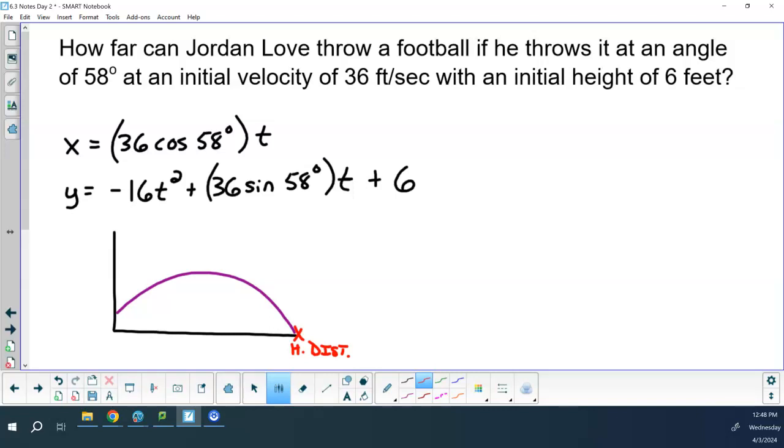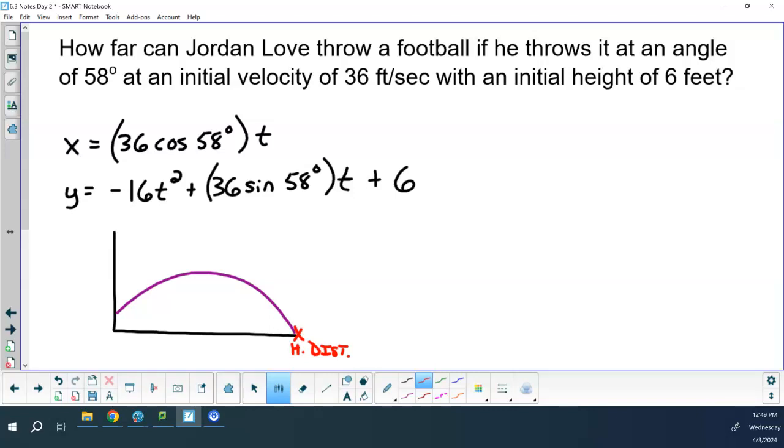Well, one way that we could go about that is we could graph this parametric equation, and then we could trace it until we get out there. But then we got to keep adjusting our trace step to get it smaller and smaller so that we get closer and more accurate. Okay? That's one way of doing it. Do I recommend it? Okay.